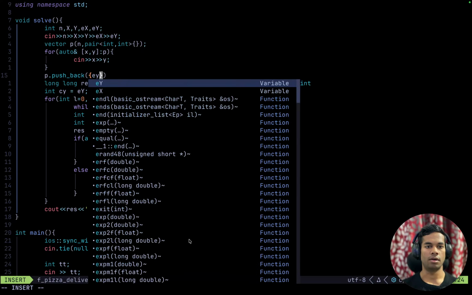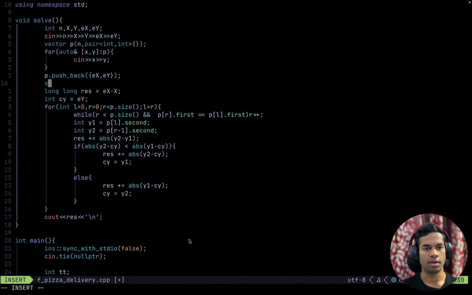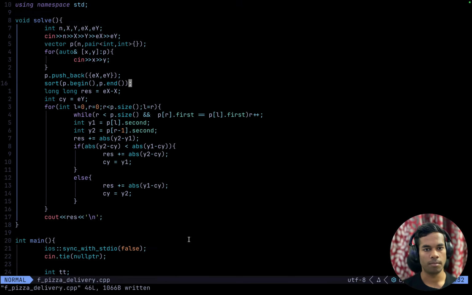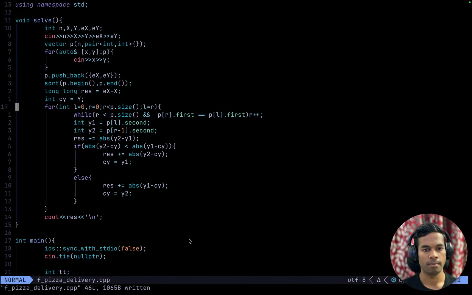Push back x and y, and then sort p.begin and p.end in ascending order, starting y is y, capital Y. Yep, no one would even know.